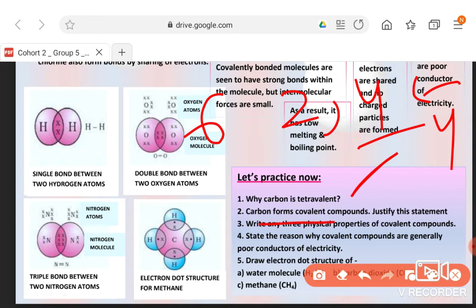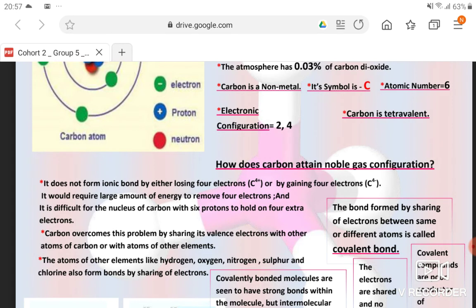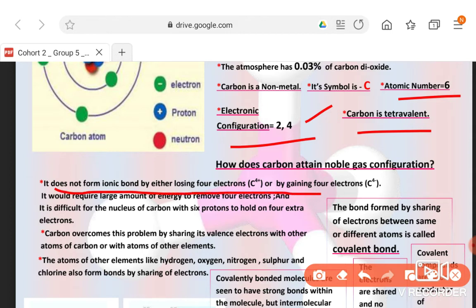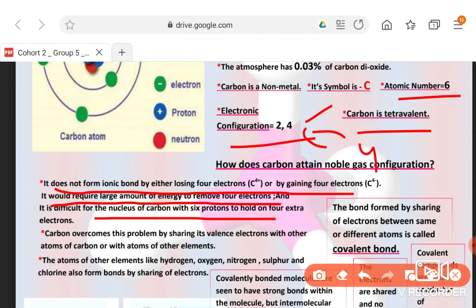Carbon forms covalent bonds. Justify this statement. Carbon has 4 electrons in the outermost shell. Its atomic number is 6, electronic configuration 2, 4. So it is tetravalent. It does not form an ionic bond by losing 4 electrons or gaining 4 electrons, because losing 4 electrons requires very much energy, and its nucleus contains only 6 protons, so it cannot hold 4 more electrons which would come by gaining.